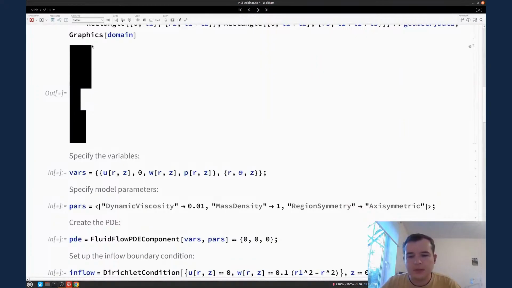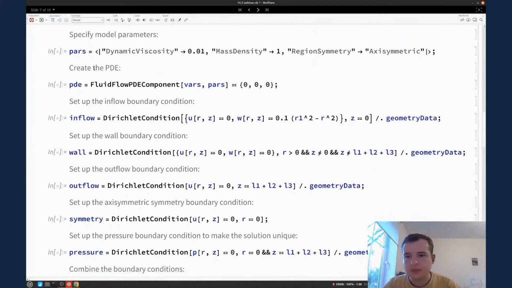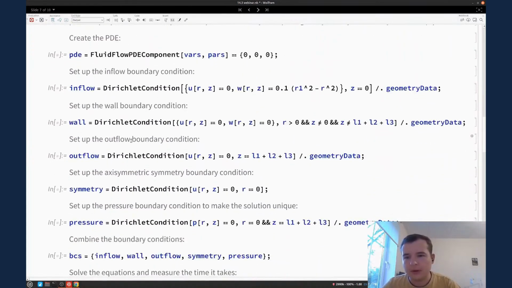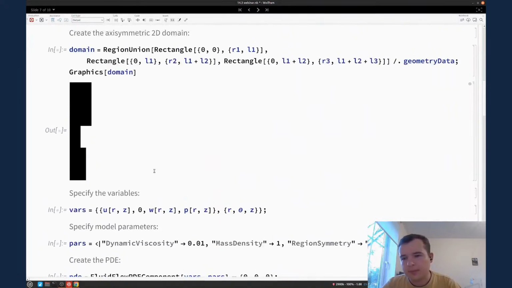Since the velocity is equal to 0, this means that the fluid sticks onto the boundary of the domain, and there is no slip. That's why this boundary condition is called the no-slip boundary condition. Next, we have the outflow boundary condition and also this axisymmetric symmetry boundary condition, because we do not want to have any flow across this axis of symmetry.